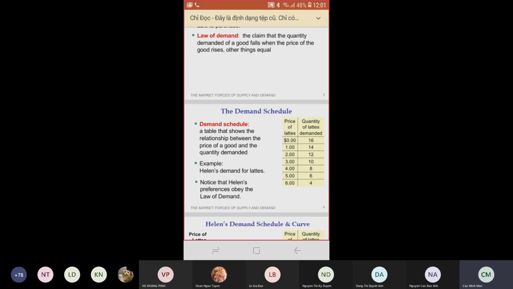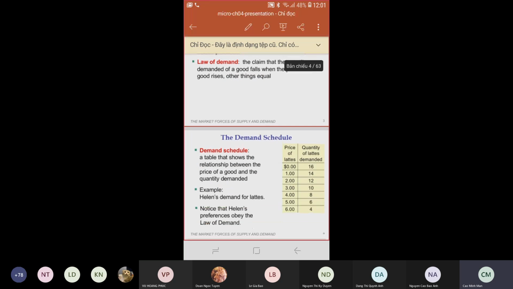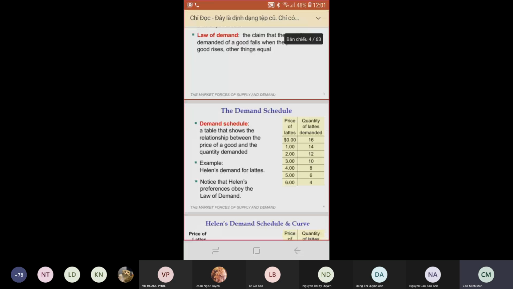Easy, right? Law of demand. I summarize. High price, low demand. Low price, high demand. Other things are the same.